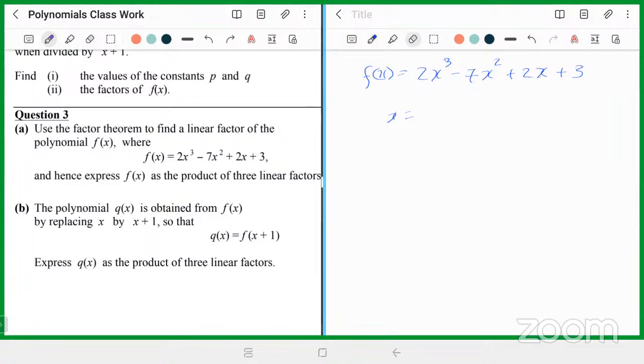I prefer to try values roughly first, and then when I find a value, I use it. So this will become minus 2 minus 7 plus 2 plus 3. This doesn't work either.